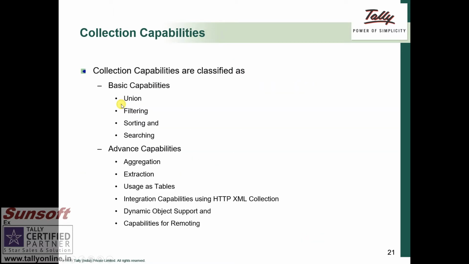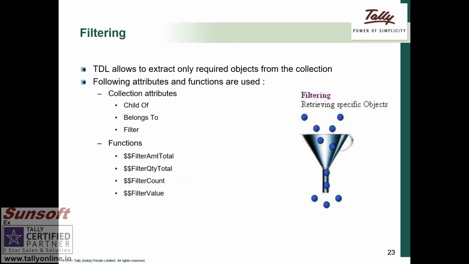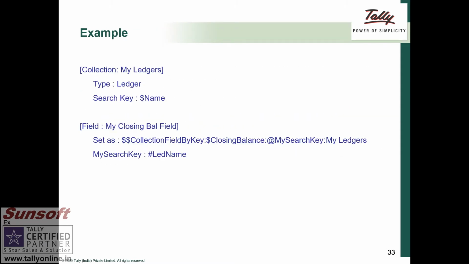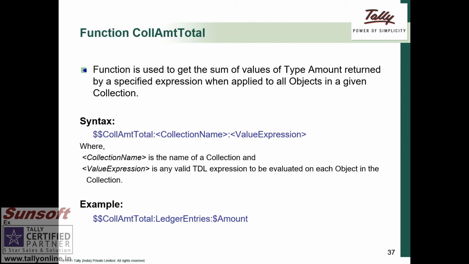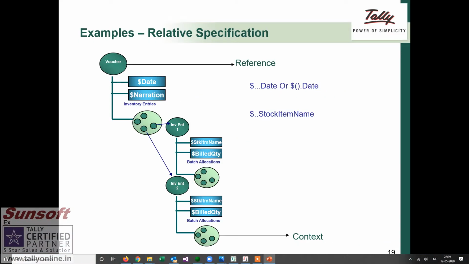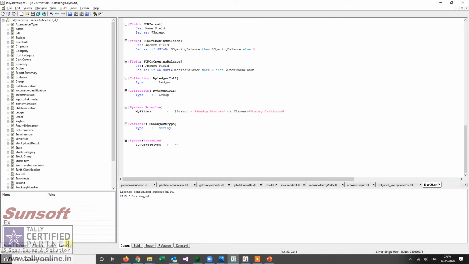Now, the hierarchy used for the voucher collection, let me open a presentation which gives a clear view of that. Let us have it in more detail in the schema of TDL developer. So let us move to the voucher collection.